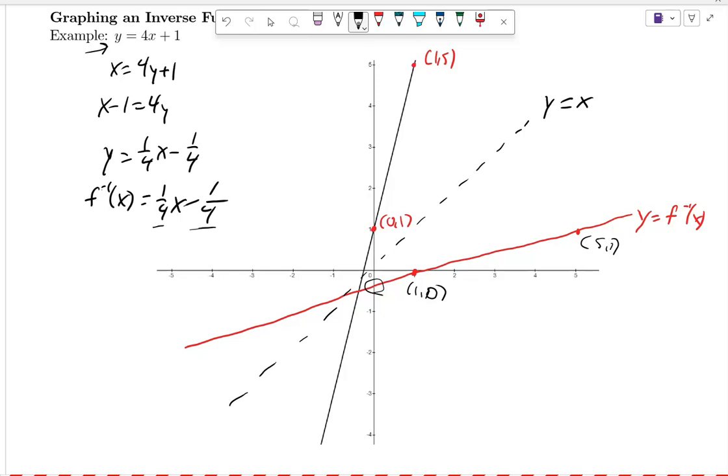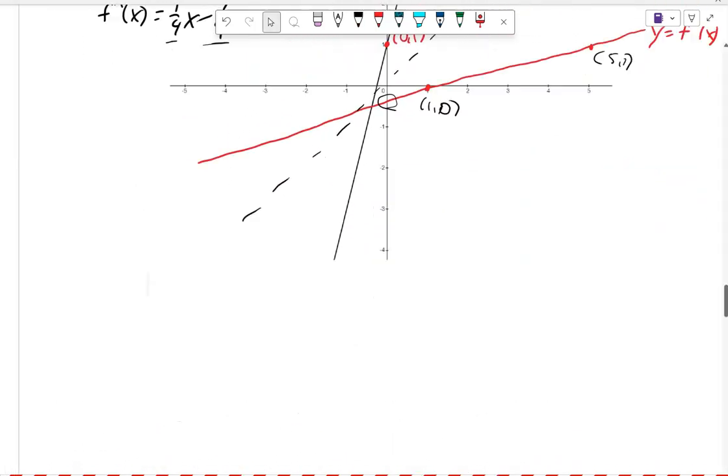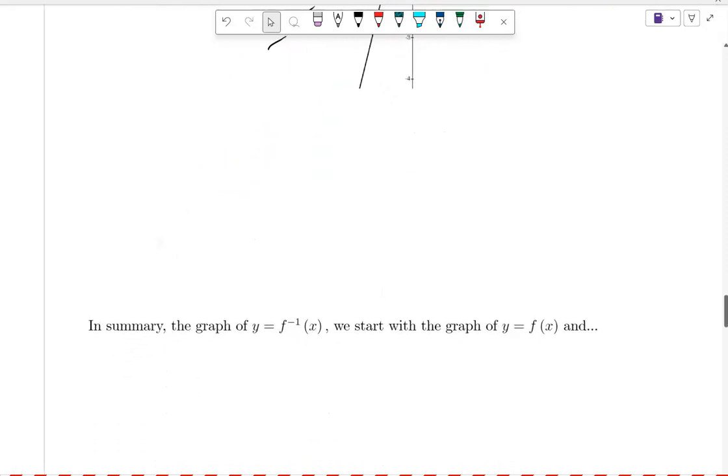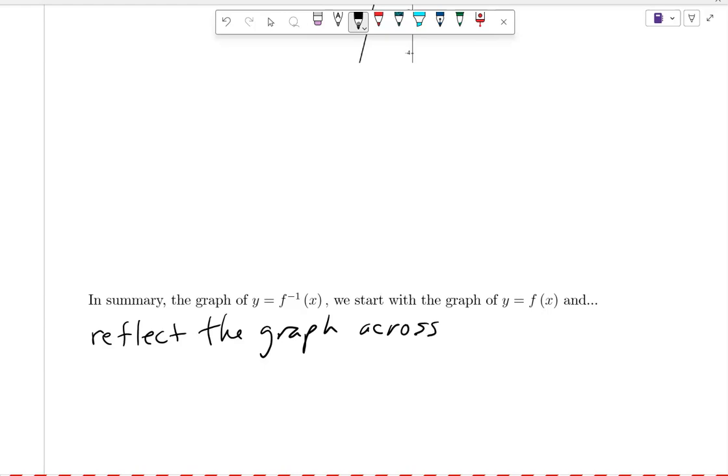Yeah. So again, if you want to get the graph of the inverse function, to summarize this, we start with the graph of y equals f of x, and we reflect the graph across the line y equals x.